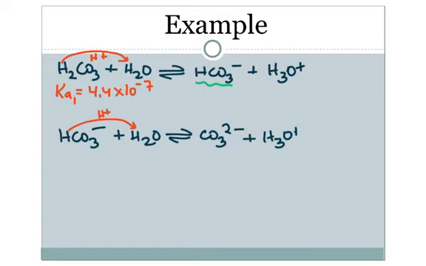Again, I want to look up the Ka for this new acid, HCO3 minus. Once again, if I look at the table, there are multiple formulas and multiple Kas. But HCO3 minus is the second formula, which means it goes with the second Ka, Ka2. So 4.7 times 10 to the negative 11 is the value when this H plus is donated.